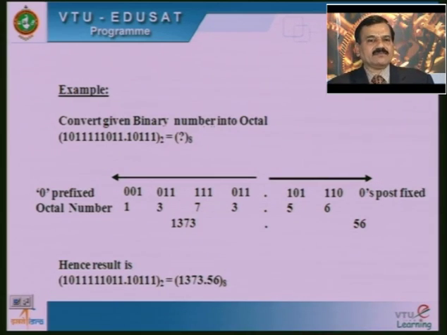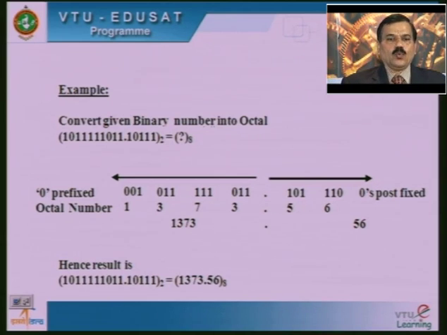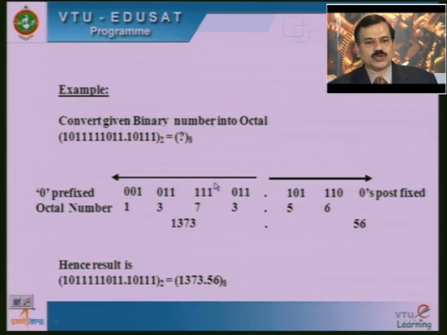Example, the given binary number is 1 0 1 1 1 1 1 0 1 1 before the radix point. After the radix point 1 0 1 1 1, then you have to arrange it as shown.